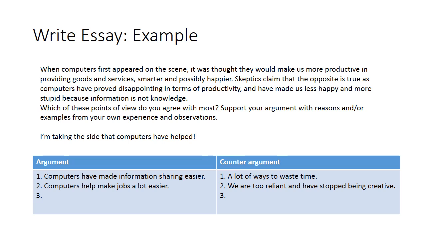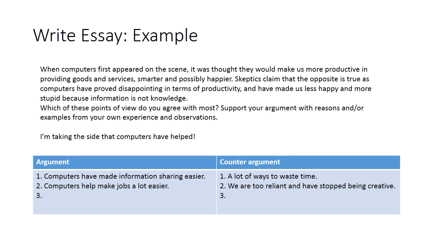Skeptics claim that the opposite is true, as computers have proved disappointing in terms of productivity and have made us less happy and more stupid, because information is not knowledge. Which of these points of view do you agree with most? Support your argument with reasons and or examples from your own experience and observations.